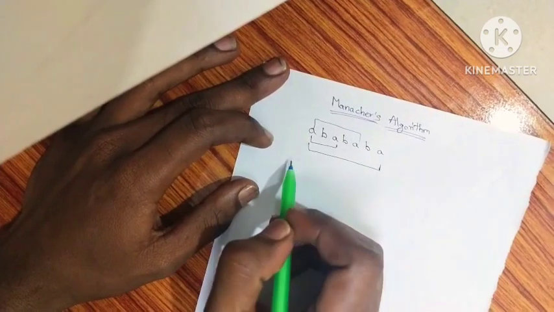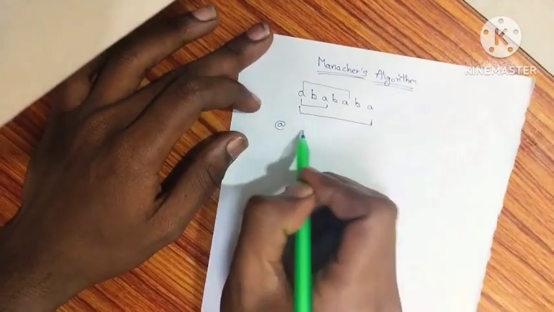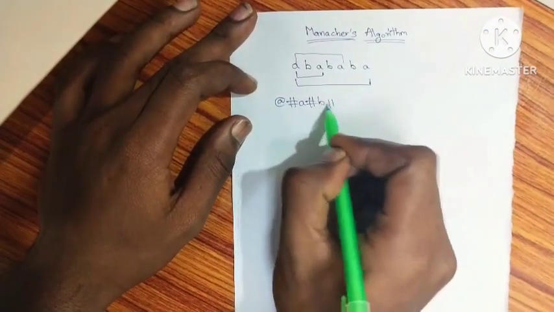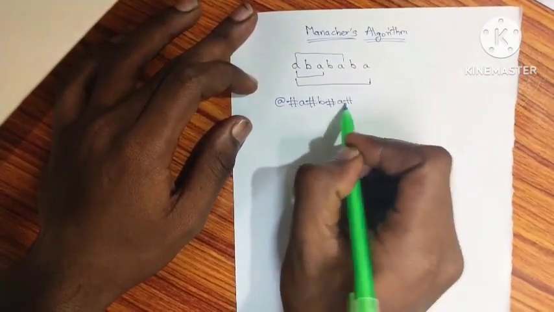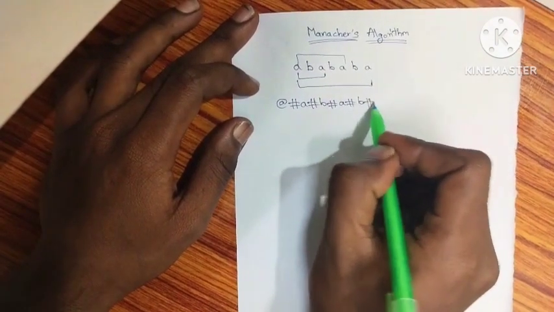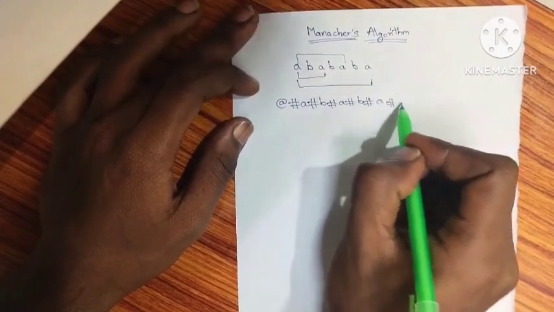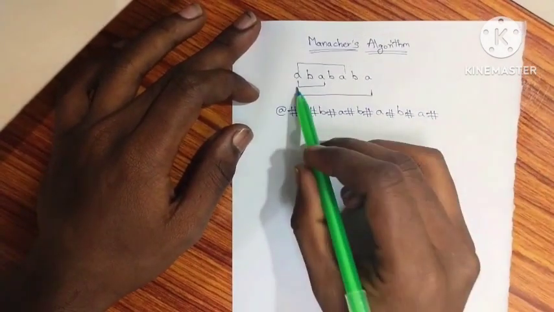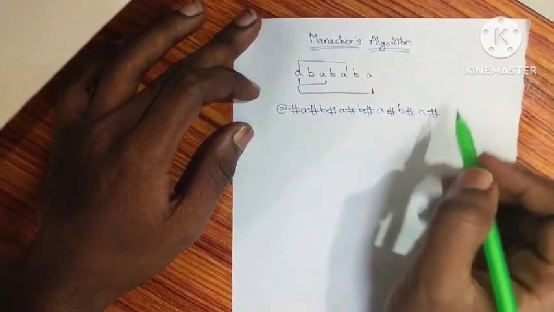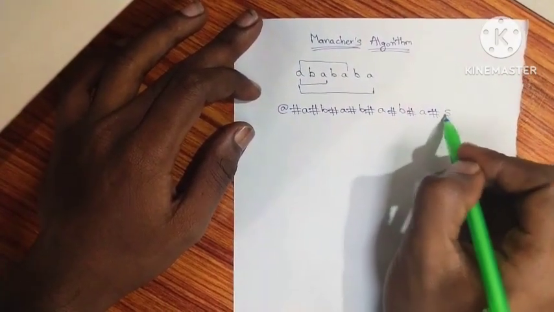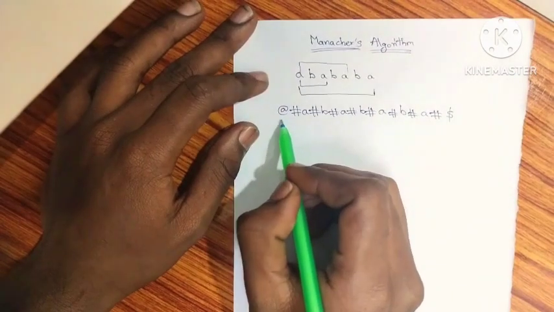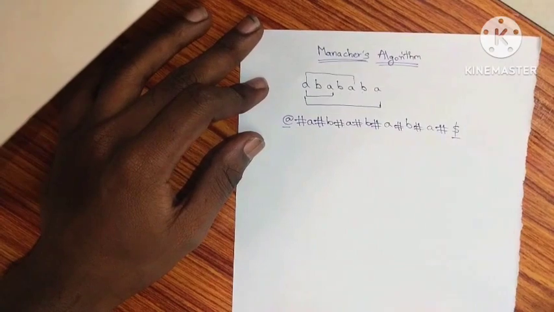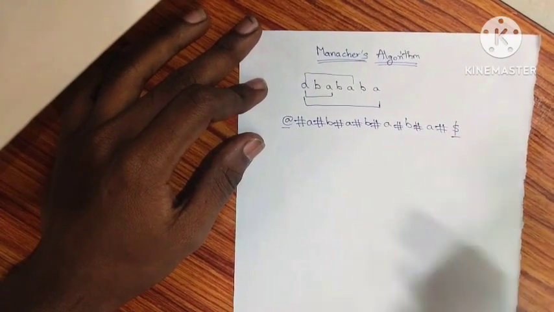Let the modified string be as shown. Now this @ and this $ are to identify the leftmost and rightmost boundaries of the string.